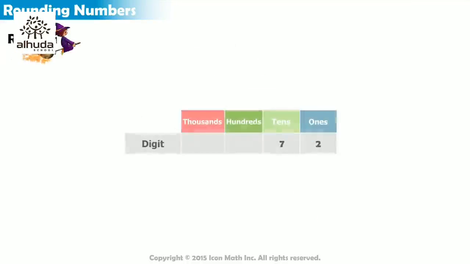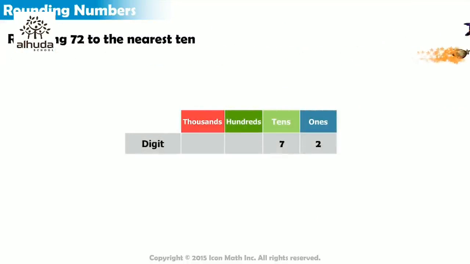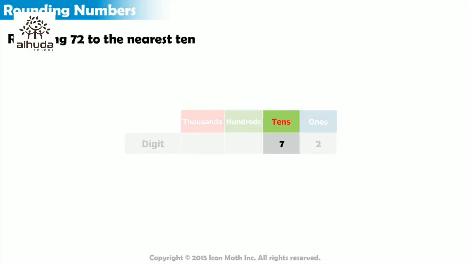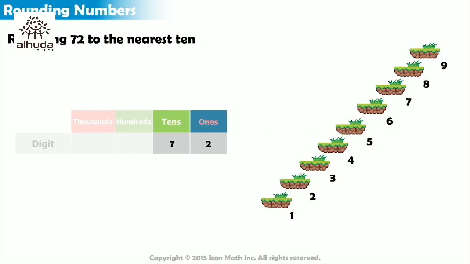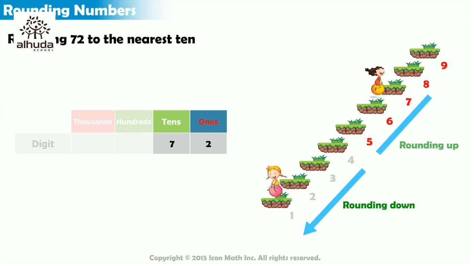Suppose we want to round 72 to the nearest 10. All we have to do is to look at the digit in the tens place and the digit in the place to its right, which will be in the ones place. If this digit is less than 5, we round down. If it is equal to or greater than 5, we round it up.